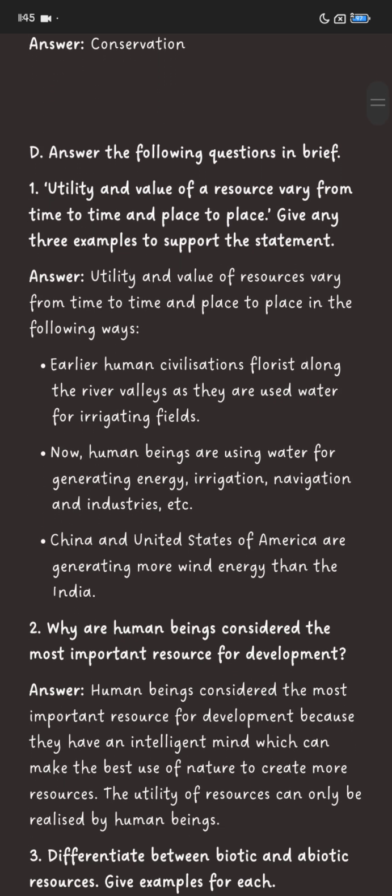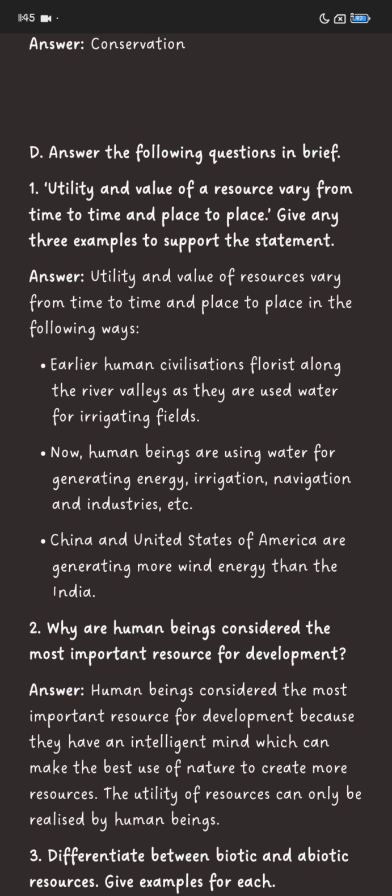Answer the following questions in brief. Number 1. Utility and value of a resource vary from time to time and place to place. Give any 3 examples to support the statement. Utility and value of resources vary from time to time and place to place in the following ways.